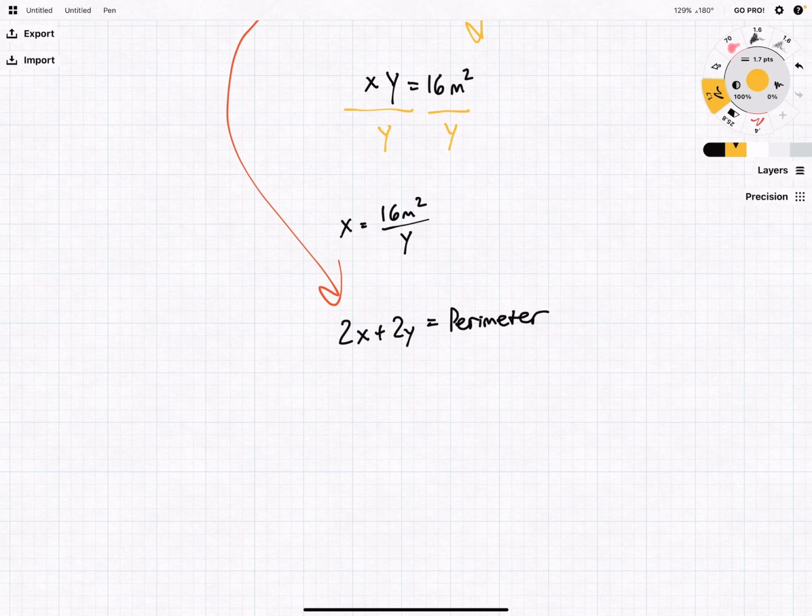Luckily, we can substitute x in right here, since x is equal to 16 meters squared over y. We can substitute that in for x, and that will get us entirely in terms of y. So let's have 2 times 16 meters squared over y plus 2y, and that equals the perimeter.